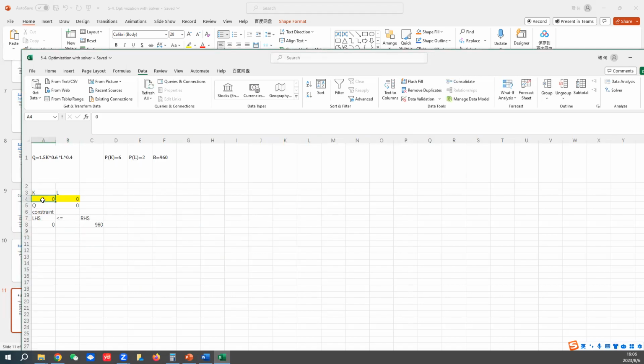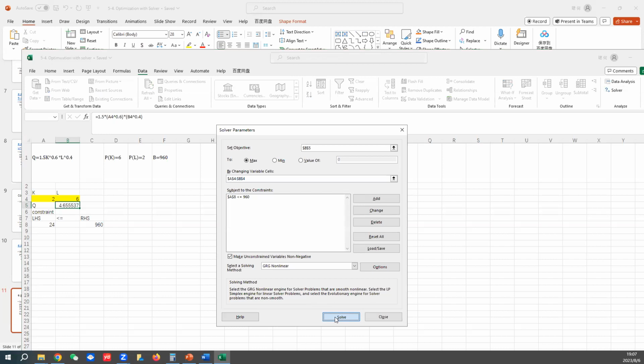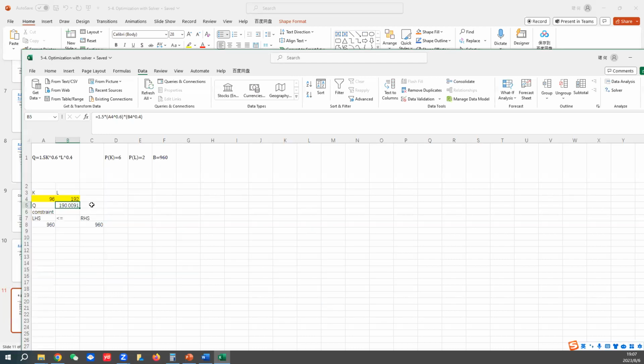You can see we don't have a result. This is a special case where we have a very complicated functional form of the objective function, and Solver may get confused. So you can randomly input certain numbers, even without a guess, and then let Solver solve.